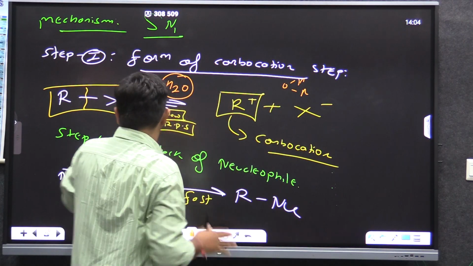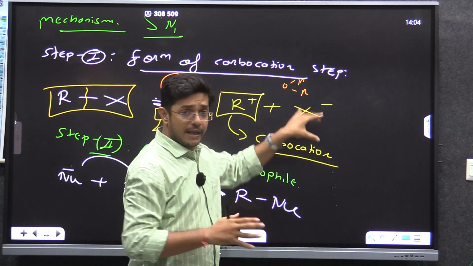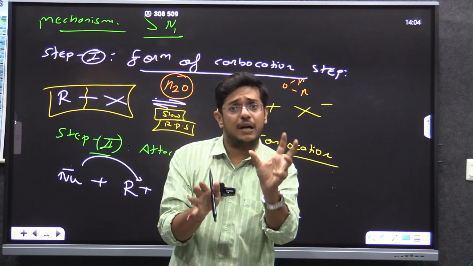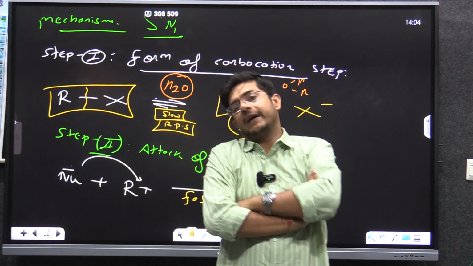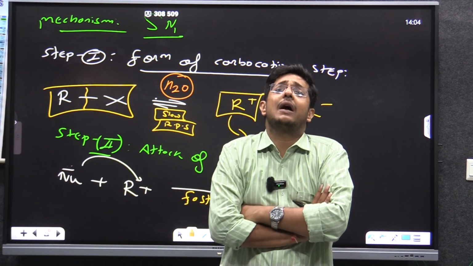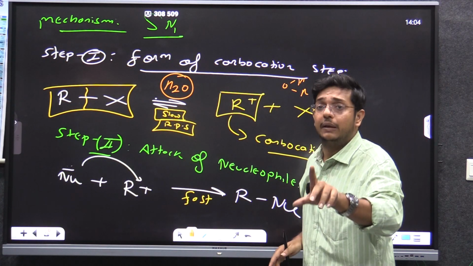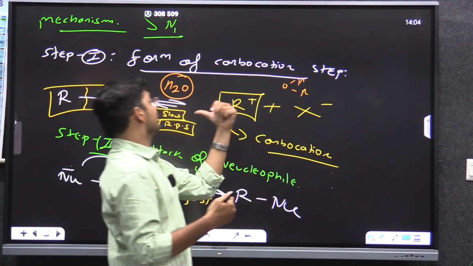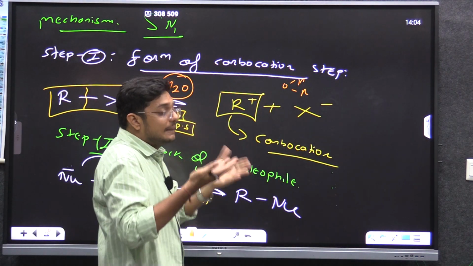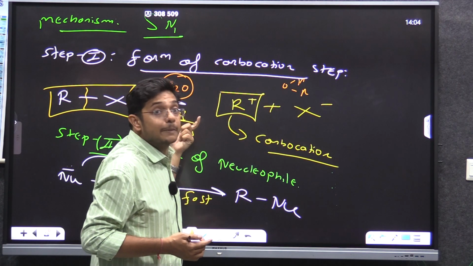Once we break the R plus and X minus, it forms the cation and anion. Imagine a container in which we have the cation and anion, and they will not wait apart from each other. They tend to remix and make the reaction in the backward direction. And that's why this reaction is slow in nature.